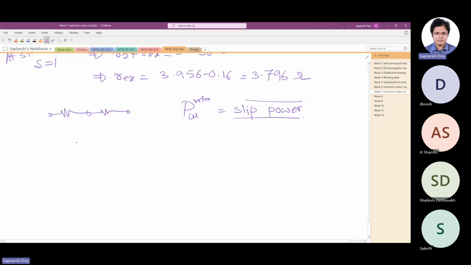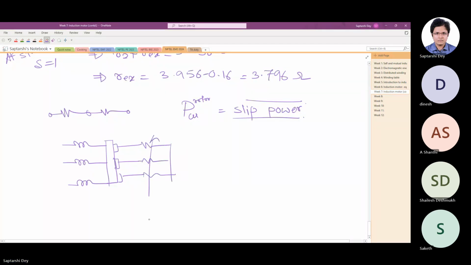So sometimes what is done is, say the rotor circuit is taken out through slip rings, and instead of connecting resistances like this, which will cause a loss, what you can do is feed this power back to the grid.